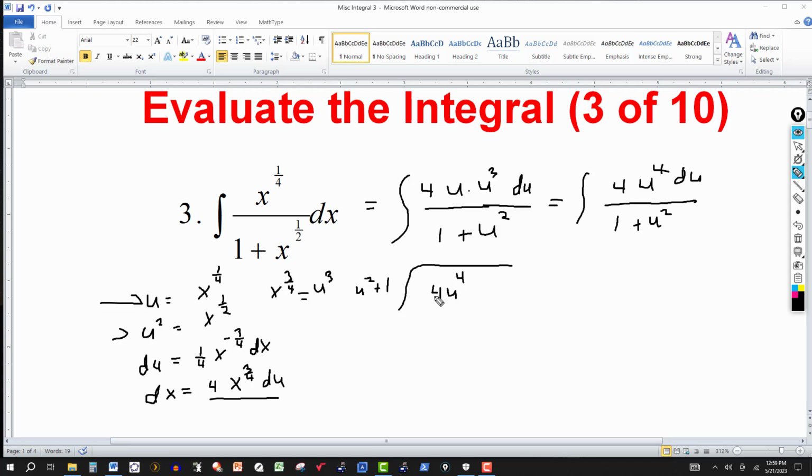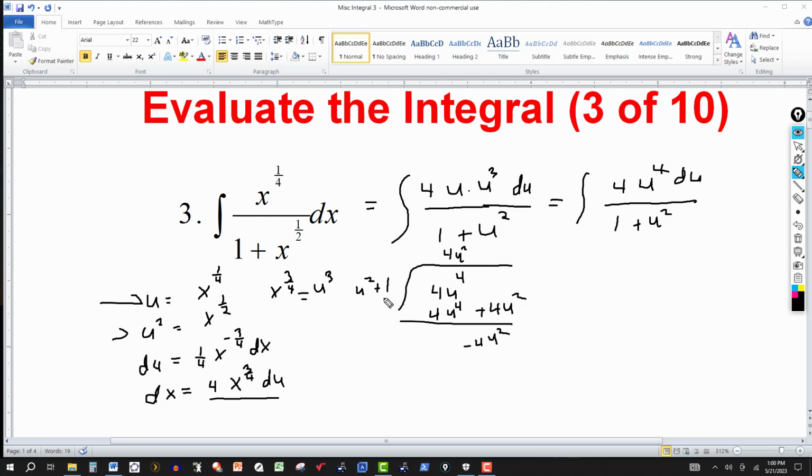So u squared into u to the 4th will give me a 4u squared. Then multiply the partial quotient times the divisor. This will give me 4u to the 4th, and then times the 1 will be plus 4u squared. And then we subtract here: 4u to the 4th minus 4u to the 4th, those cancel out, and then 0 minus the 4u squared will give me minus 4u squared.